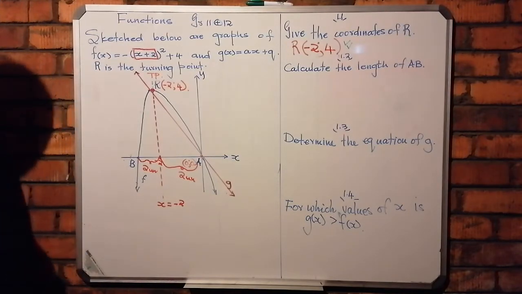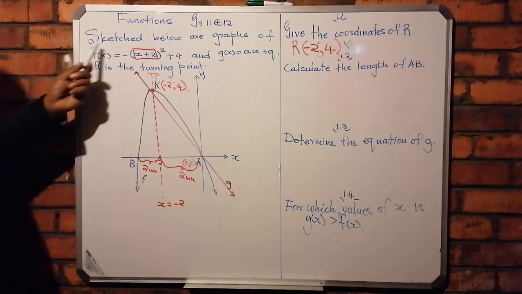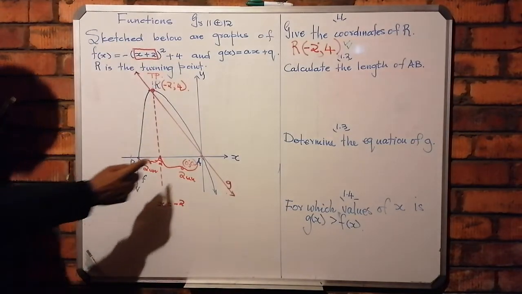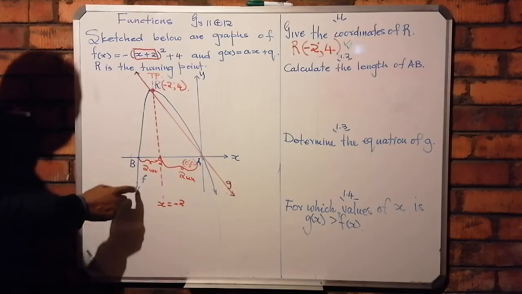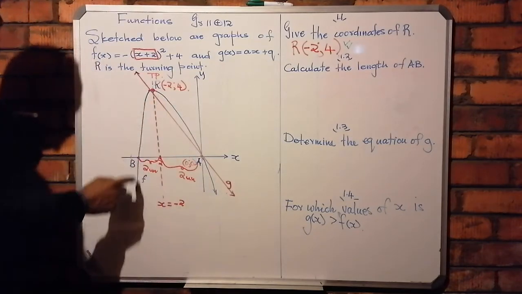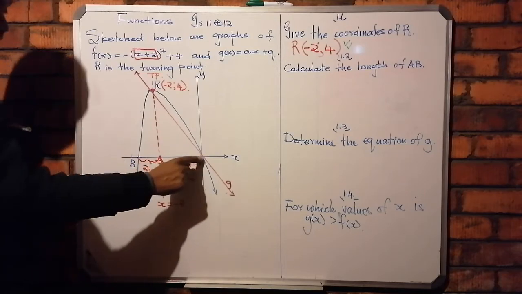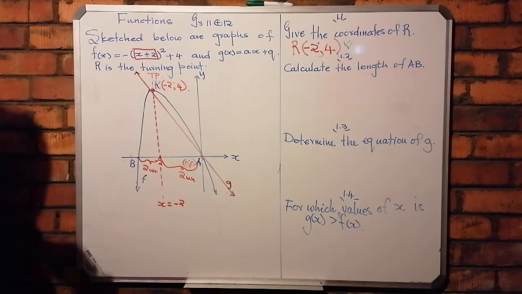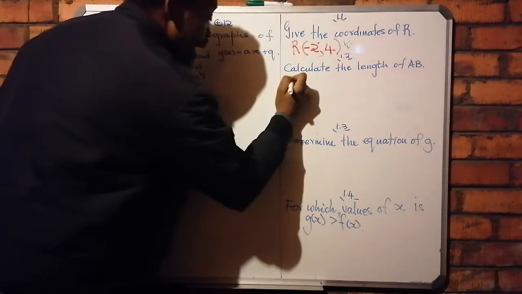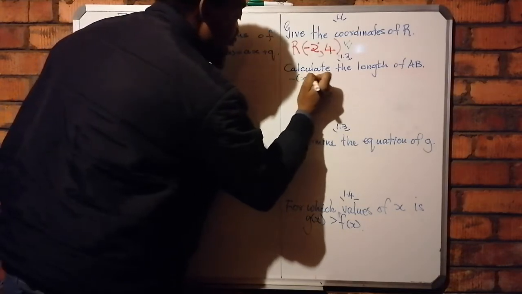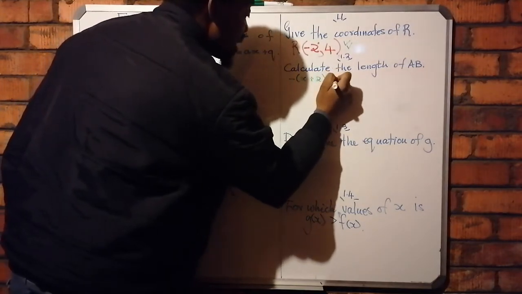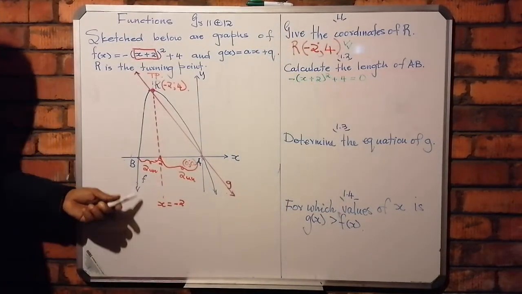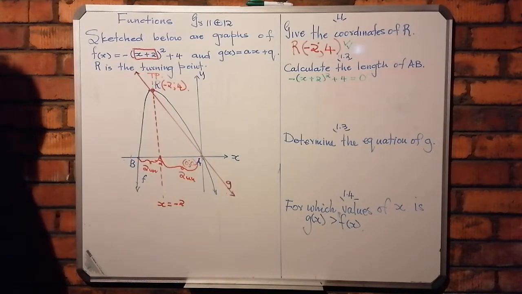If you don't do it in that way, you can solve it from that particular given equation. If you look at A and B, they lie on f, and for that matter, they are the x-intercepts, meaning that the value of y would be 0. I'm gonna do that now. Minus (x plus 2) all squared plus 4 is equals to 0. Why? Because I'm looking for the coordinates of the x-intercepts.